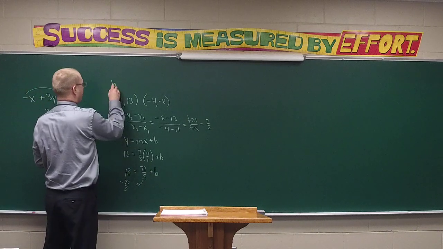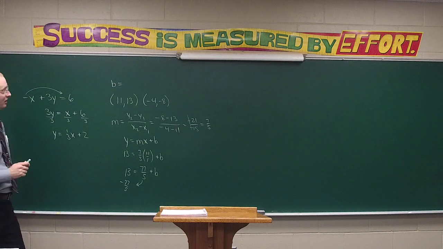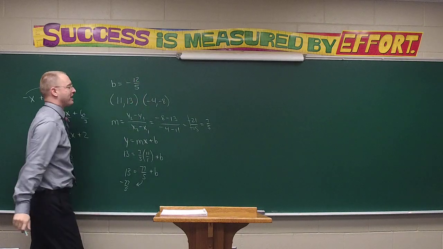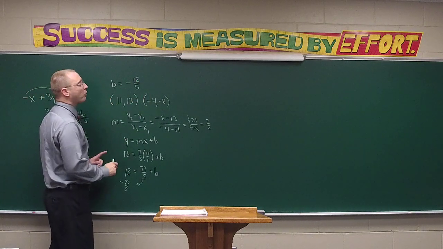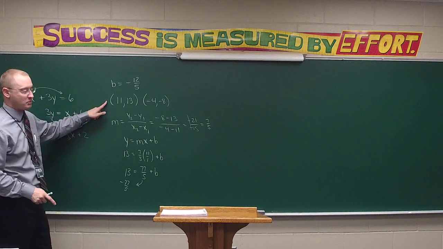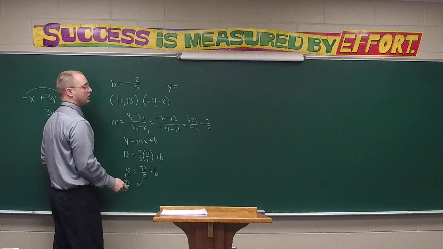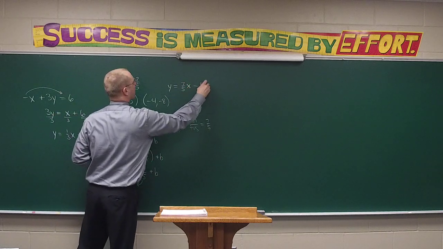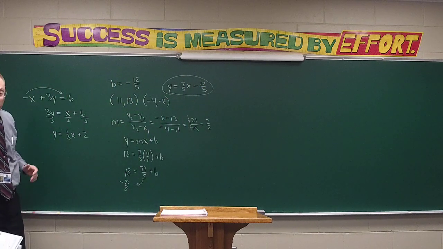We get a b value of negative 12/5. Negative 2 and 2/5, but make it an improper fraction. Your calculator can do that. Negative 12/5. So what's the equation of the line that goes through these points? y equals 7/5 x minus 12/5. There we go. And how many have that answer for number 4?